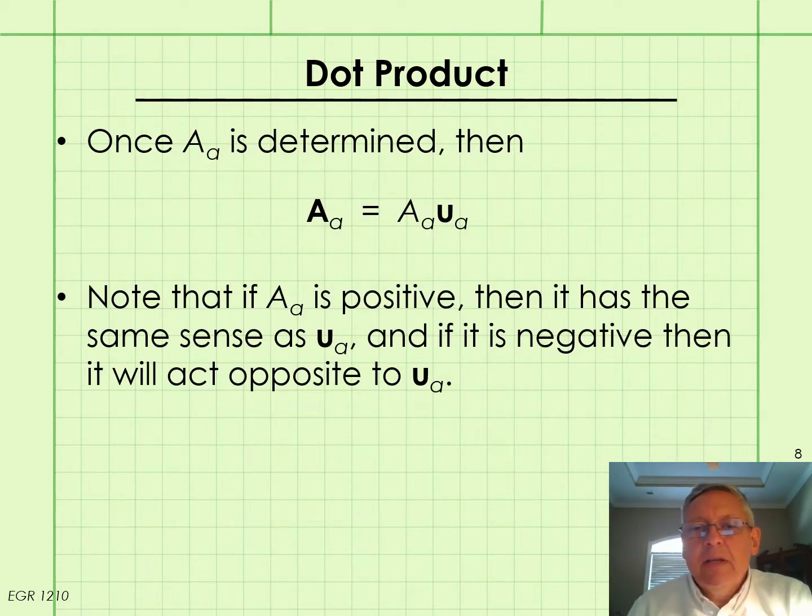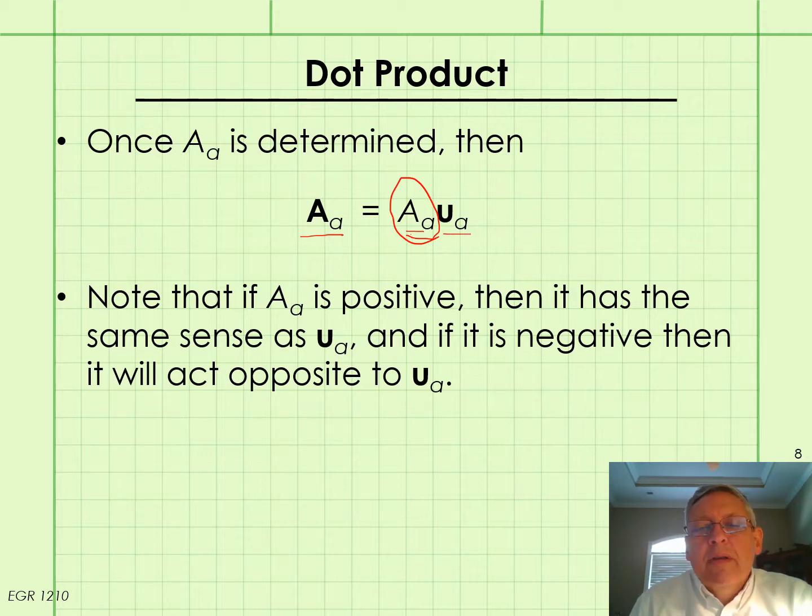Once we've calculated A sub a using the dot product that we established on the previous slide, we can then write that vector component in Cartesian form, since we now have its magnitude and a unit vector along its line of action.